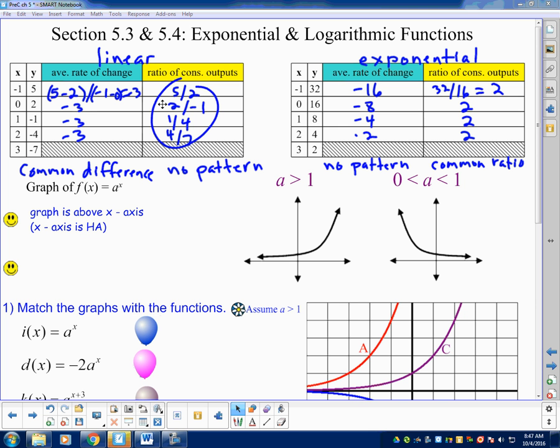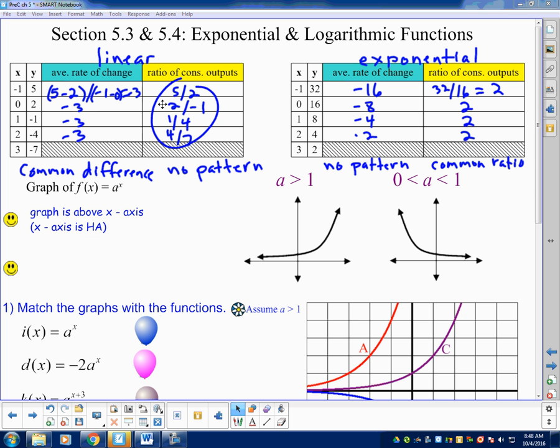So if a, the base, this is called the base, is greater than 1, it's going to grow. Okay? So if the base is, say, 2, you have the equation y equals 2 to the x, it's going to grow really fast. It's going to double every time you add another number to x.